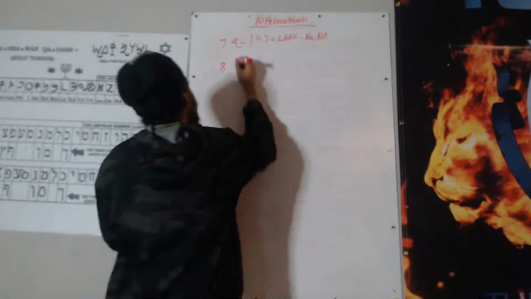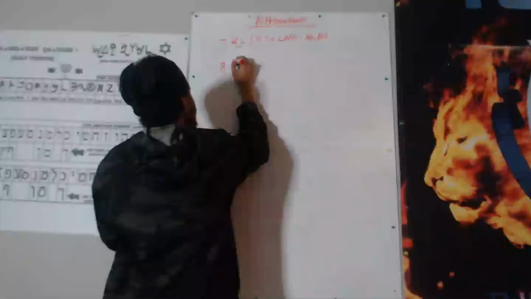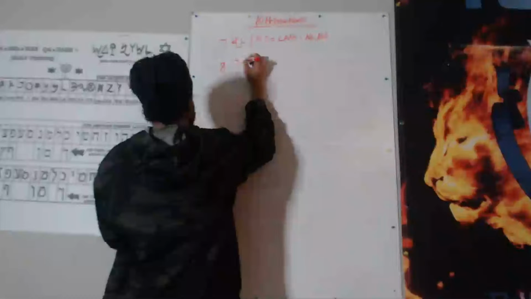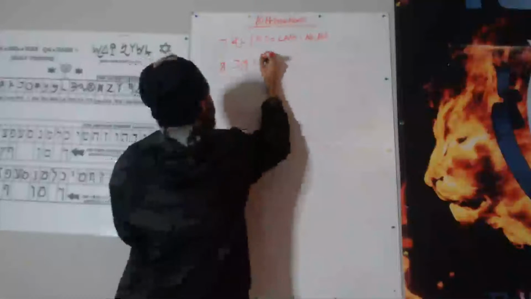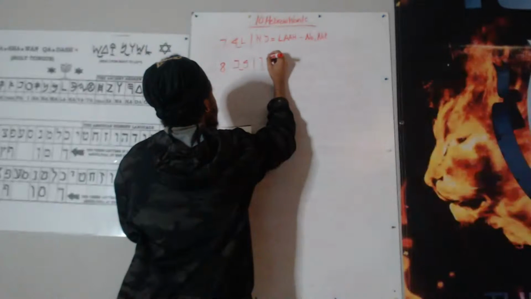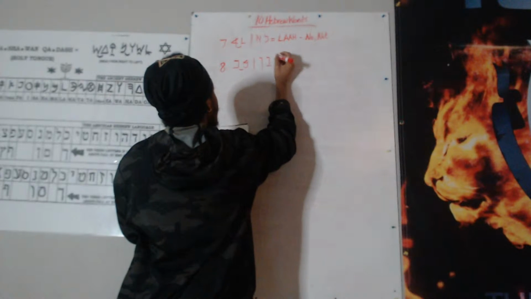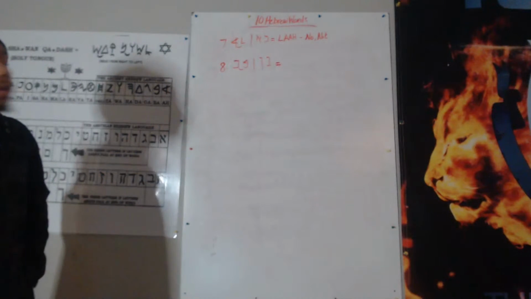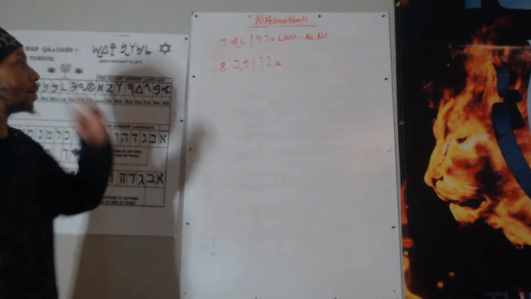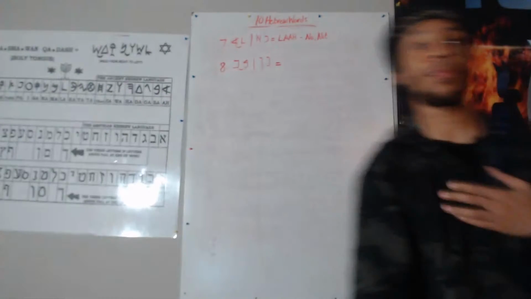Now, this is a very, give me a second. This is five. Okay. Yeah, this is going to be a great example. Okay. Does anybody know what this says right here? We have the Hebrew and the Syrian. What does it say?